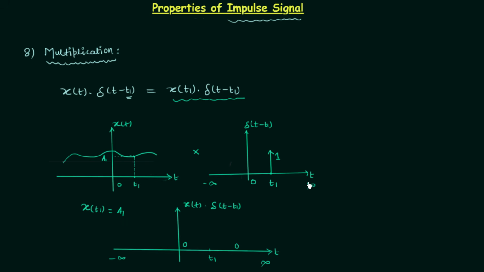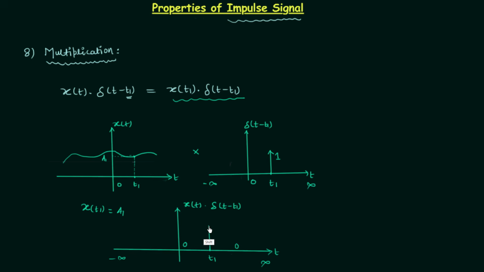Now when t is equal to t1, delta(t minus t1) is infinity, but in impulse signals we do not write infinity, we write the area or the weight of the impulse signal, and in this case weight is equal to 1. So when t is equal to t1, signal x(t) is a1 and delta(t minus t1) is having weight equal to 1. So in the resultant signal, we will get an impulse.